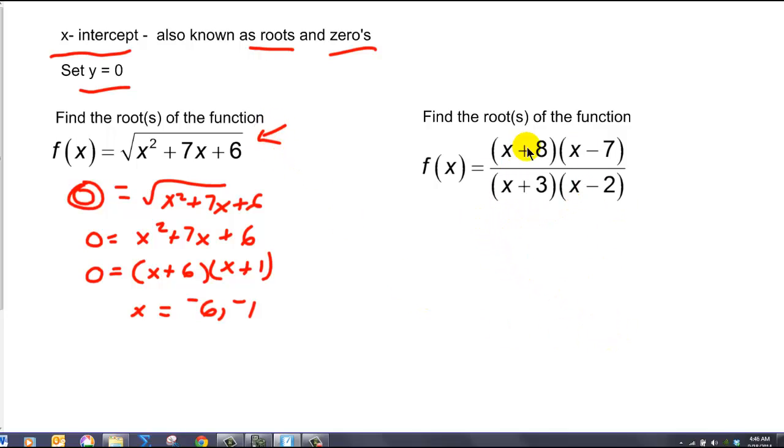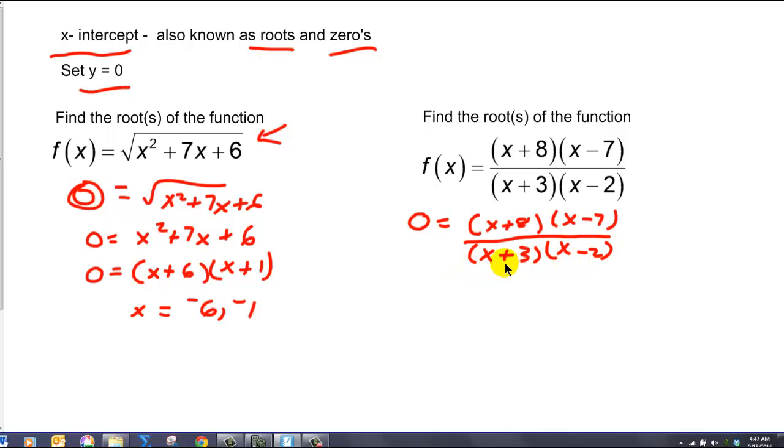Likewise, we have a rational function over here that at this point we don't know how to graph, but we can still find its x-intercepts by setting the y value equal to 0. So if I do that, we've got to solve then for x. Easiest way to do this is to multiply both sides by my denominator.